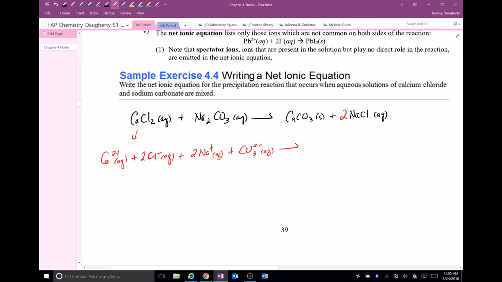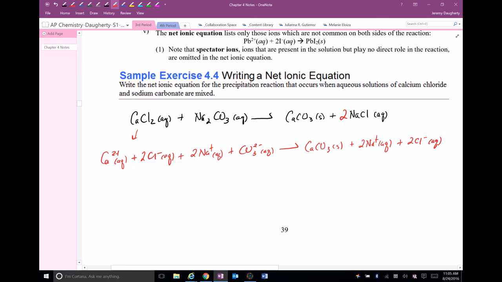Again, anything that's aqueous, I'm just breaking it up into its ions. Calcium carbonate, that's a solid, so I don't break that up. Sodium chloride's aqueous, so I break that up. I get 2 sodium ions because there's a 2 in front of it, and 2 chloride ions because there's a 2 in front of it.